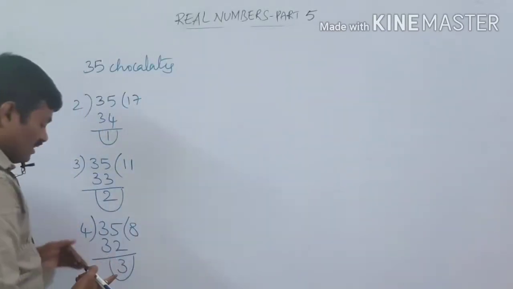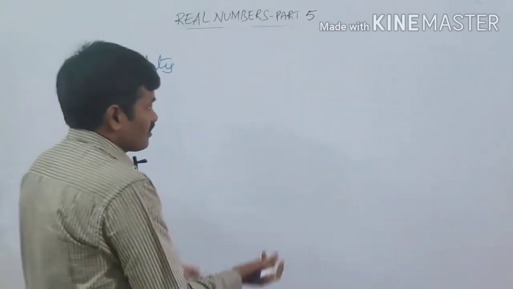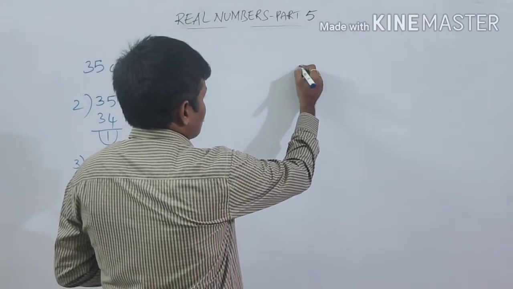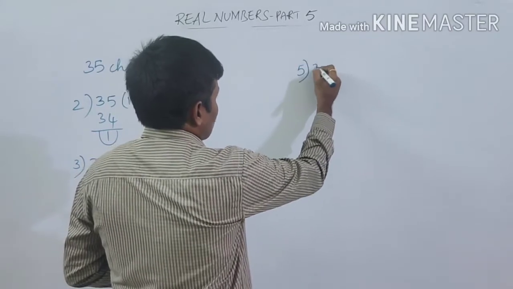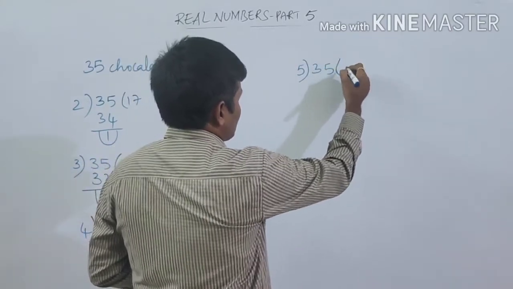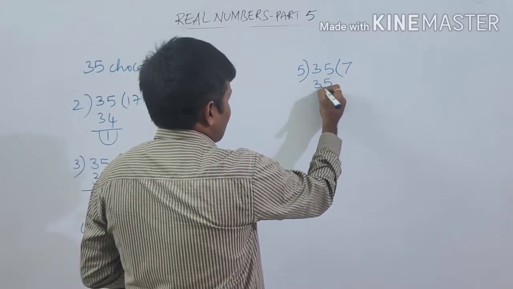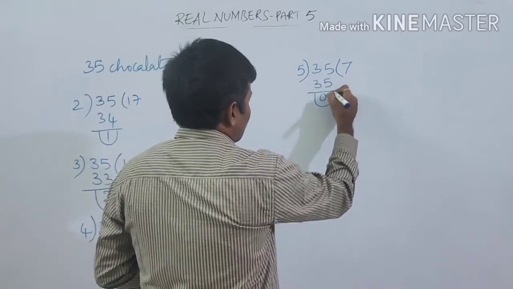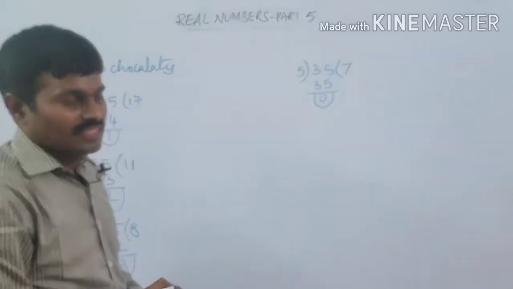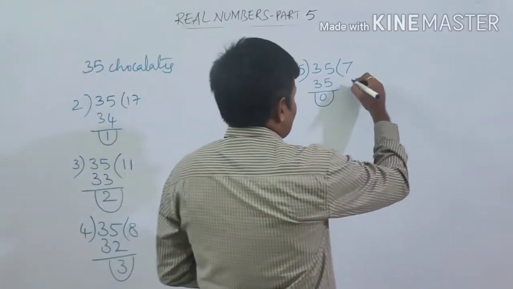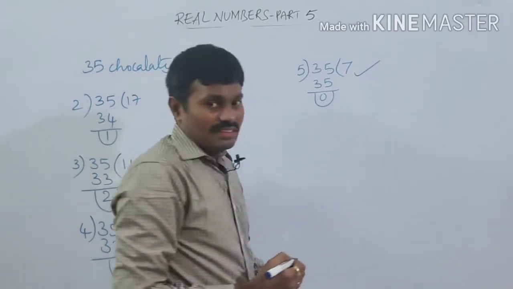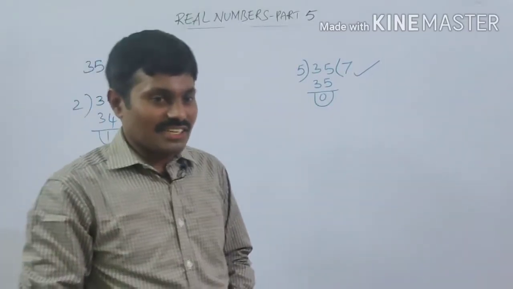Now, if I distribute these 35 chocolates to 5 of my friends, each one gets 7 chocolates. In this case, no chocolate is left over. That means this satisfies my condition.